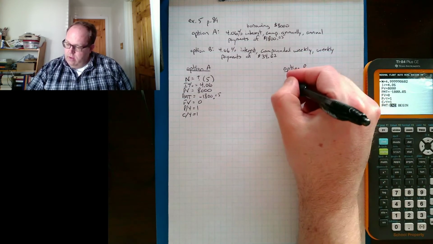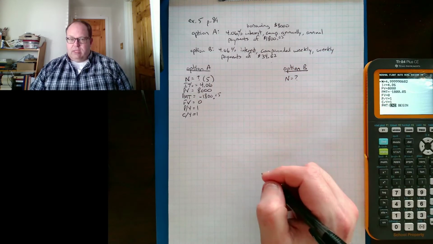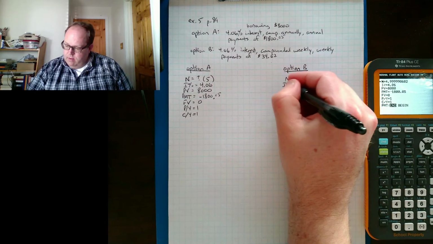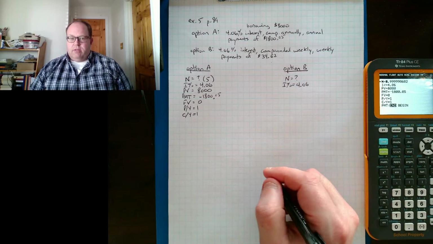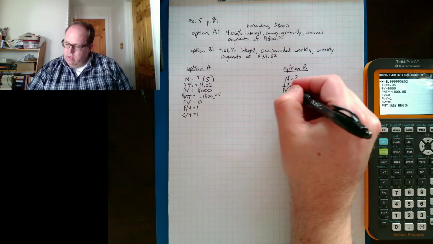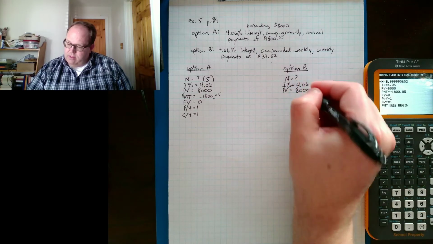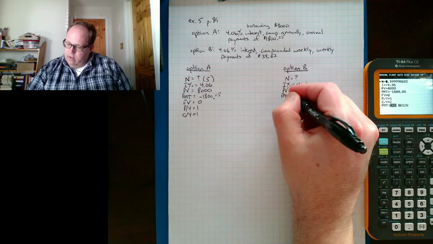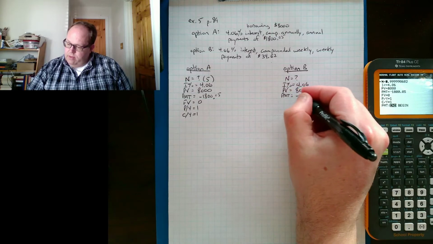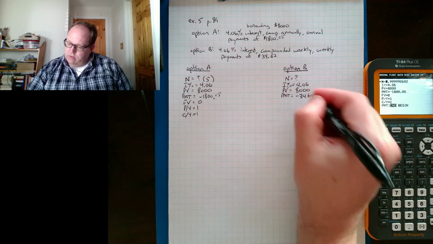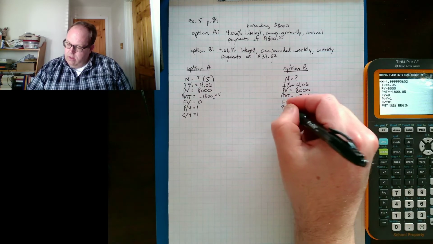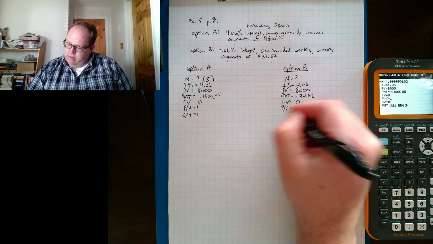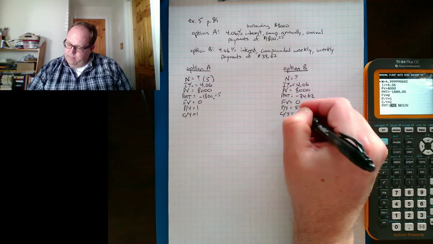Once again, I don't know how long it's going to take to pay this off. 4.06%, borrowing $8,000, paying $34.62 to bring it down to zero, but doing it weekly with 52 periods per year.